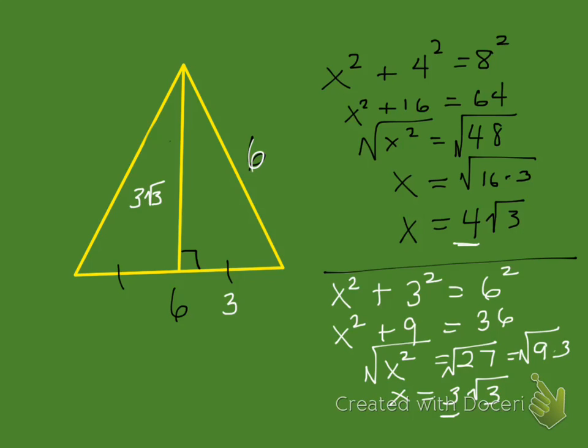The other one was 4 square roots of 3, and double that first one, which was 8. Okay? This one is called a 30, 60, 90 triangle. Okay? 30, 60, 90.